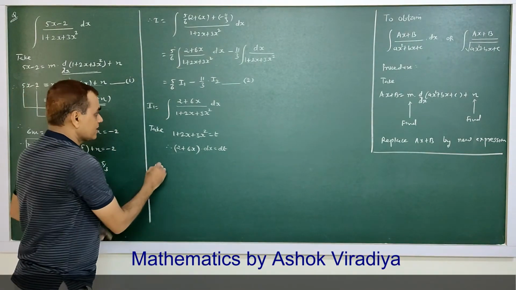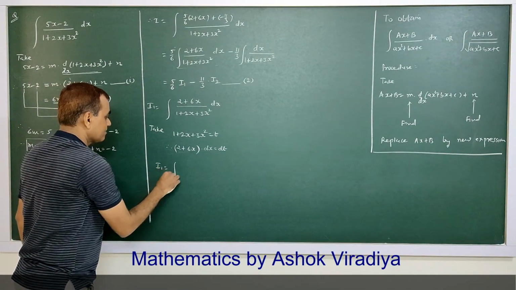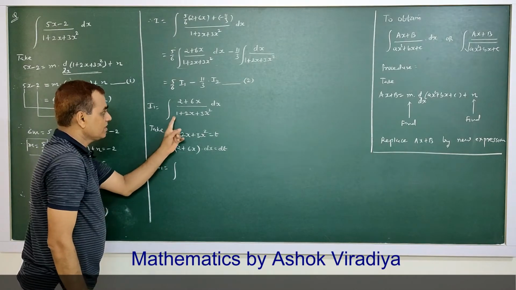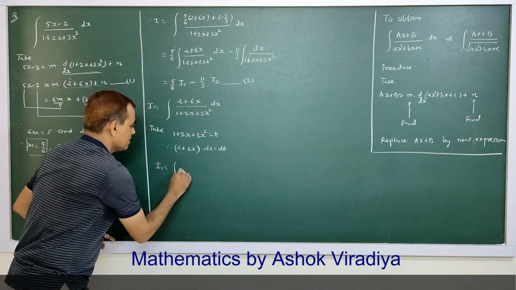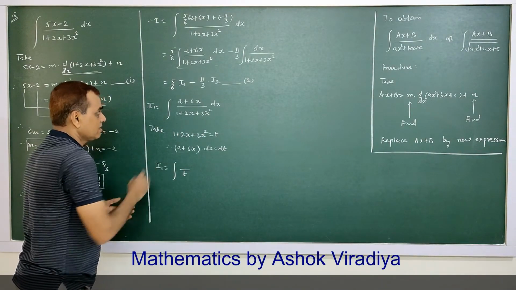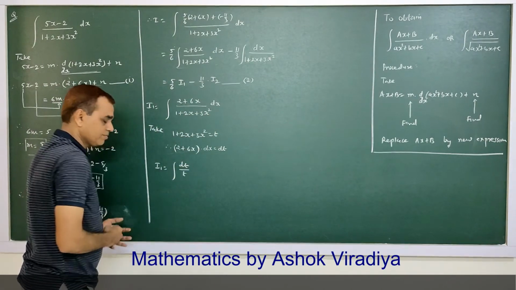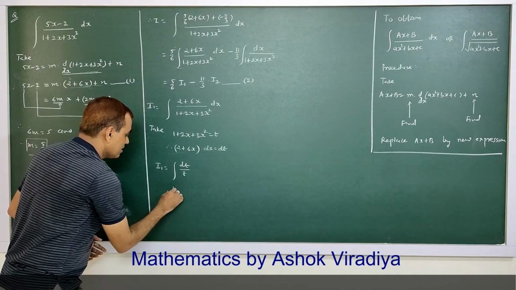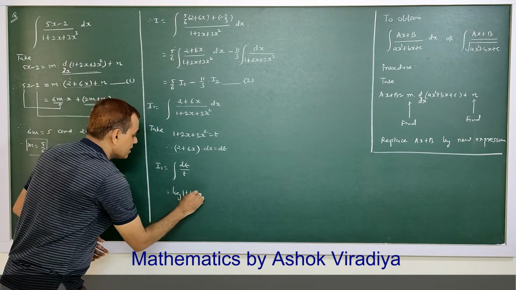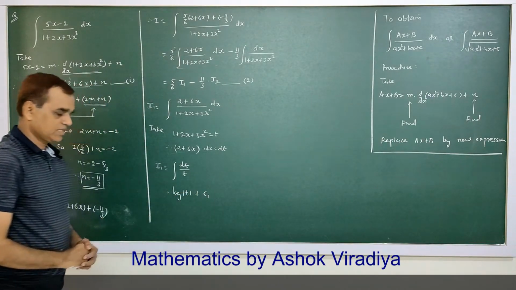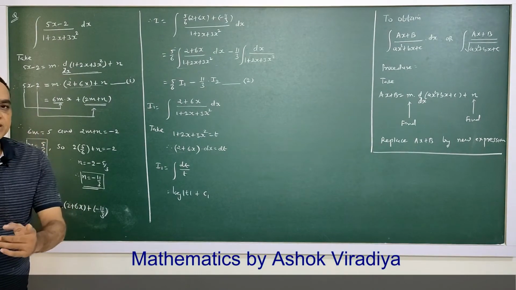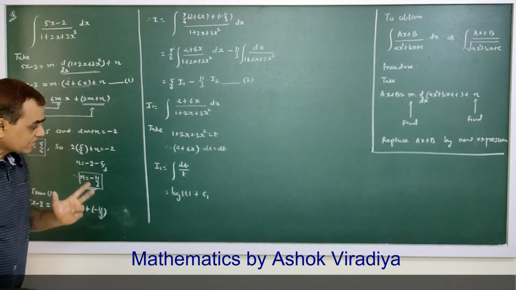So integral I1 is, see this was t, so it is t. So 2 plus 6x dx is dt. So it is log of modulus t plus c1. Integral of 1 upon t is log mod t.